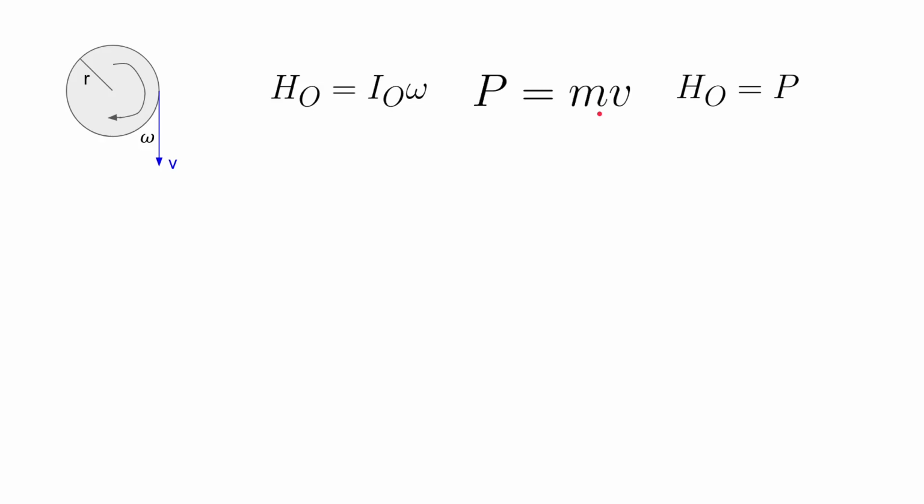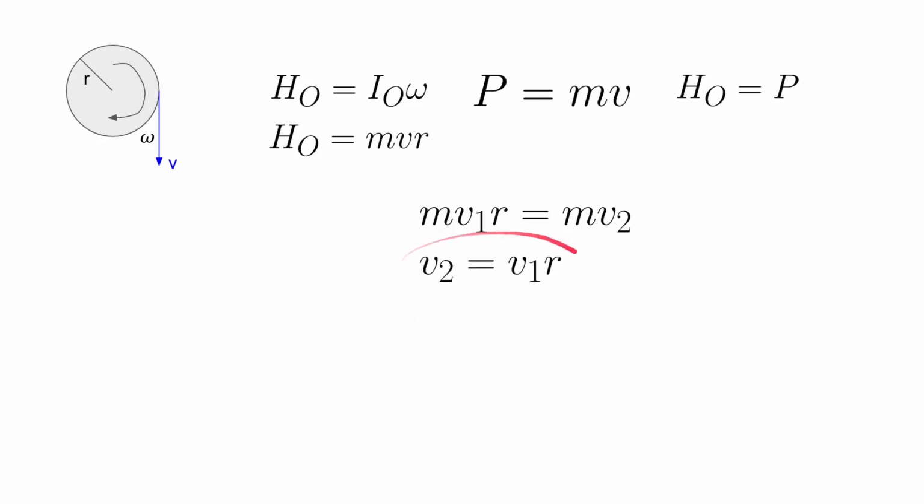We know that angular momentum equals mass times speed times radius. So we would have that mass times speed 1 times radius equals mass times speed 2. Which would then give us that speed 2, the speed after the object is released, equals speed 1, the speed as it's spinning, times the radius that it's spinning at.